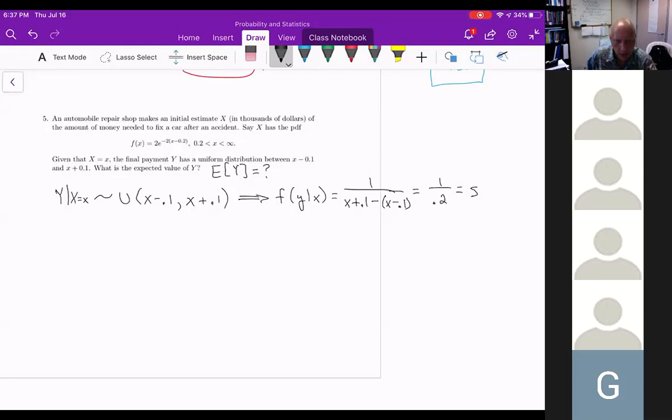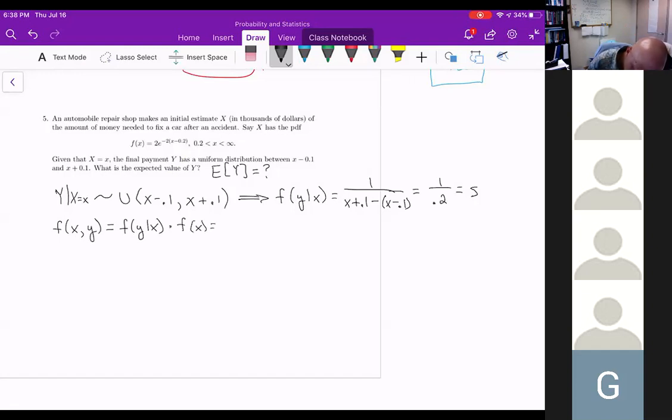So that's great. Now we have a conditional distribution. What else? I don't know if we need it yet, but that means we could get f of x comma y also, because that is f of y given x times f of x, and we have both of those.